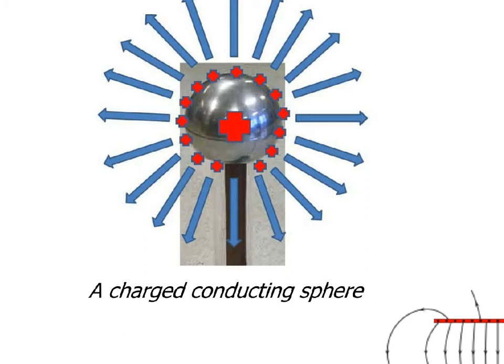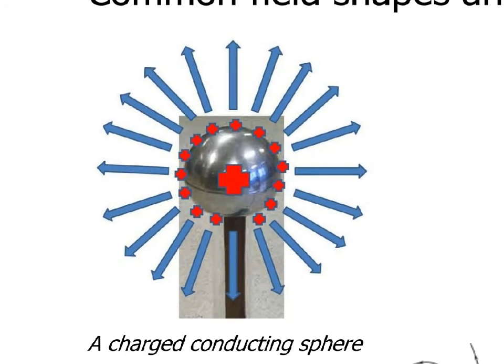So we've drawn it with positive charge on there. So this is similar to that positive point charge that we saw on the previous slide, but it's not a point charge because now it's a sphere. But otherwise it looks pretty similar. So the positive charges are going to spread themselves out over the sphere.